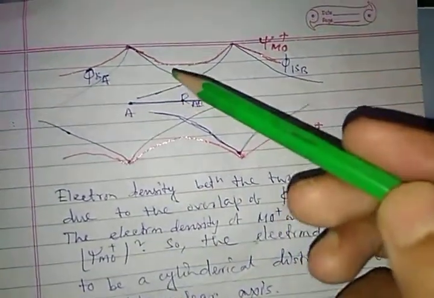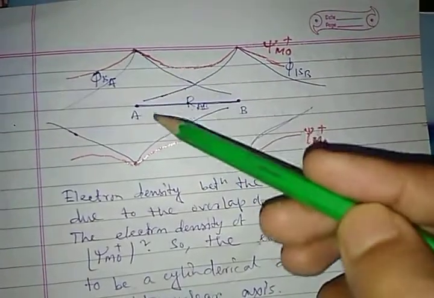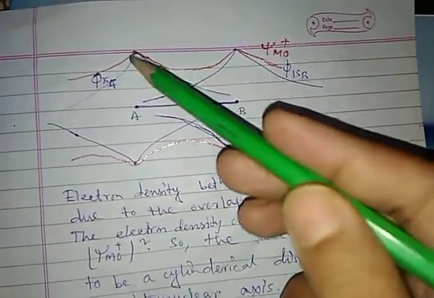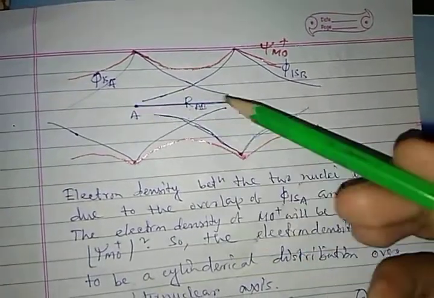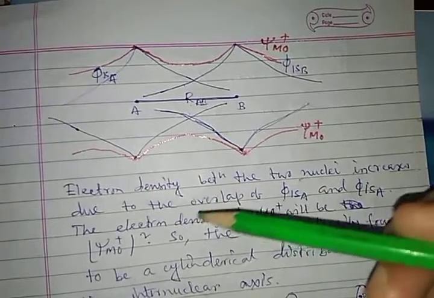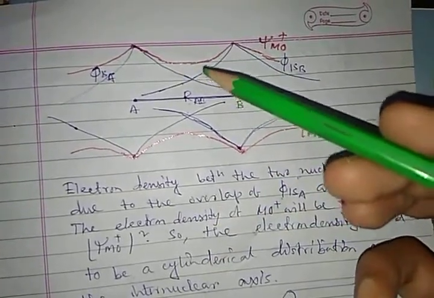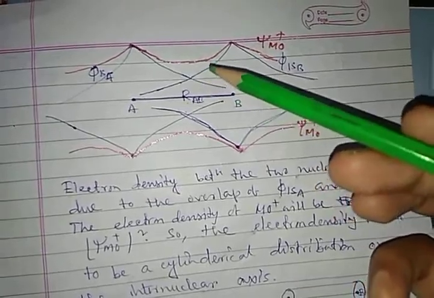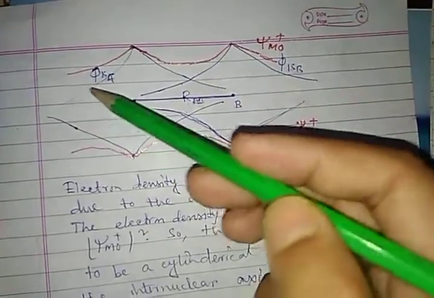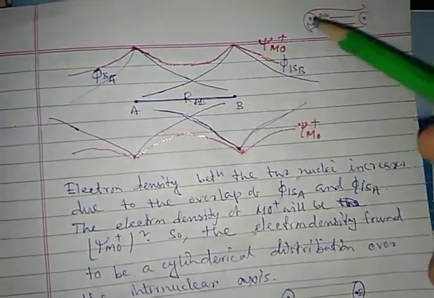What we have noticed here is that there is an increase in the value of the wave function at every point in between, along the internuclear axis. Now recall that the electron density of a system is represented by the square of its electronic wave function. Here phi 1sa, phi 1sb and psi MO plus are all electronic wave functions.